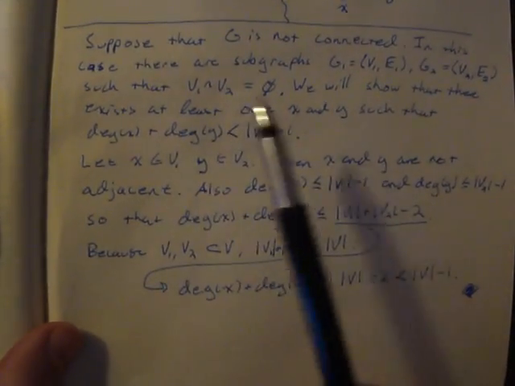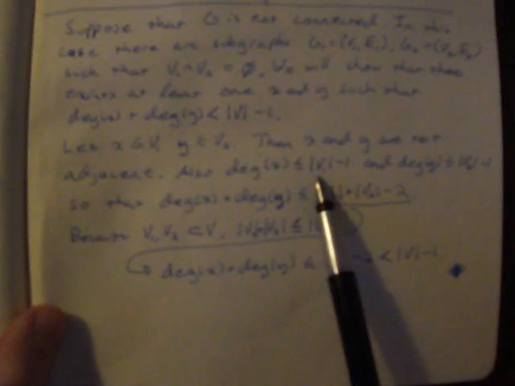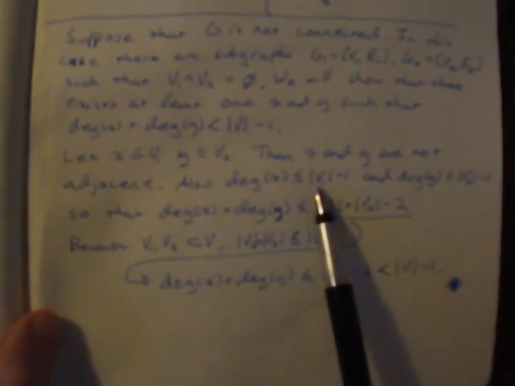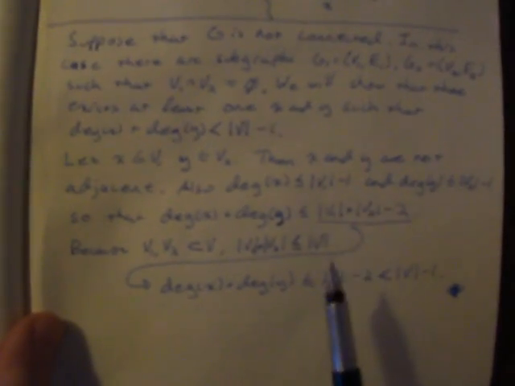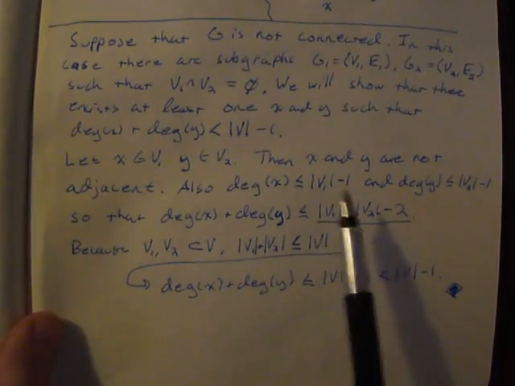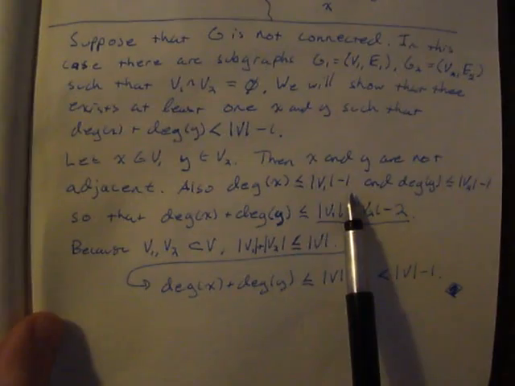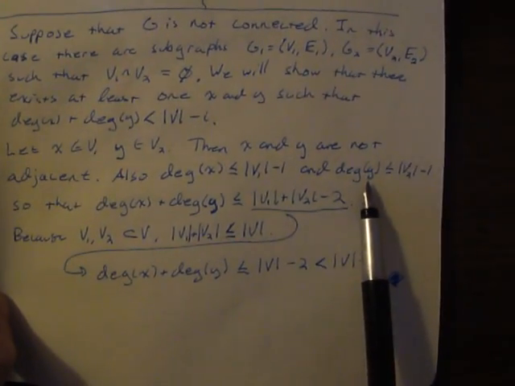In that case, they're certainly not adjacent with one another because they're not even in the same component. And we notice that the degree of x has to be less than or equal to the cardinality of V1 minus 1, because x can at most be connected to all of the other elements in V1. It's not connected to itself. And the same goes for the degree of y.